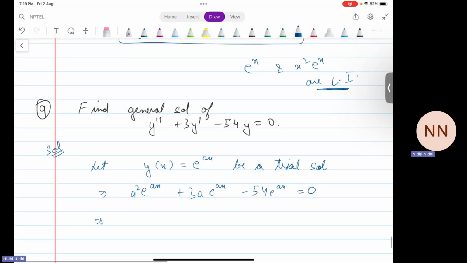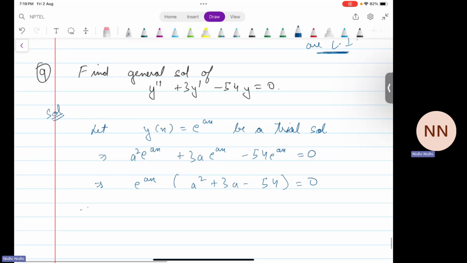This implies e to the power ax (a squared plus 3a minus 54) is equal to 0. Now since e to the power ax is never 0, we know that the exponential function tends to 0 but never attains the value 0.